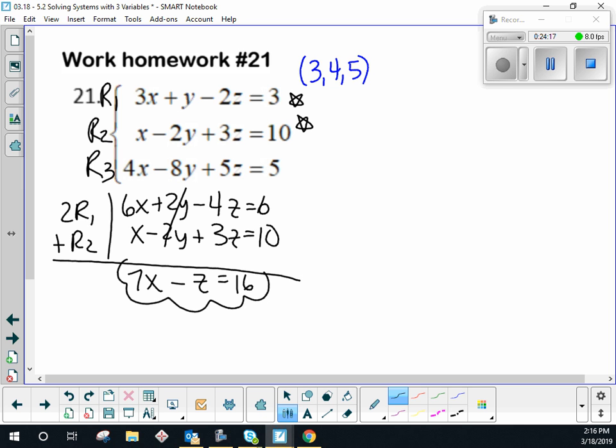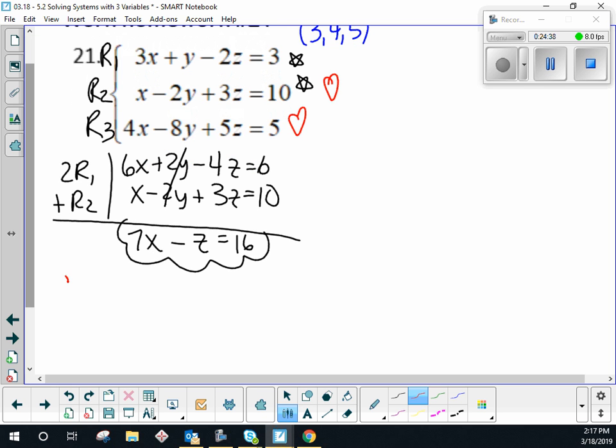You got this equation with 2 variables, and we were good. So then you picked a different 2 equations, and most of you did negative 4 times row 2 added to row 3, right? Most of you chose this one right here.